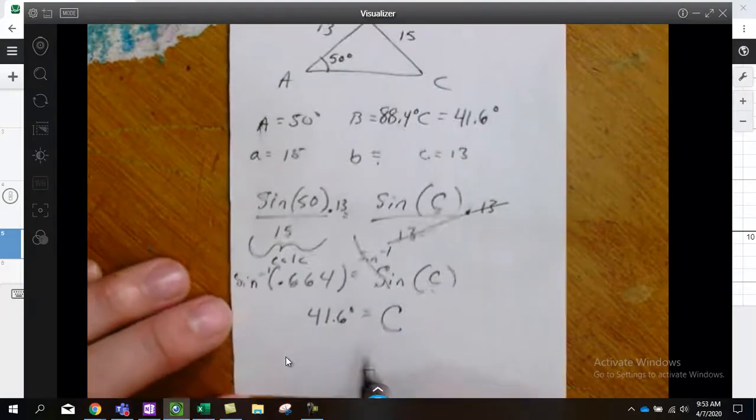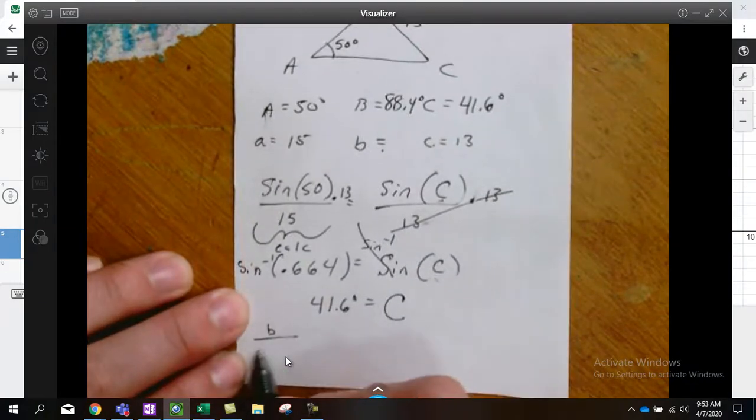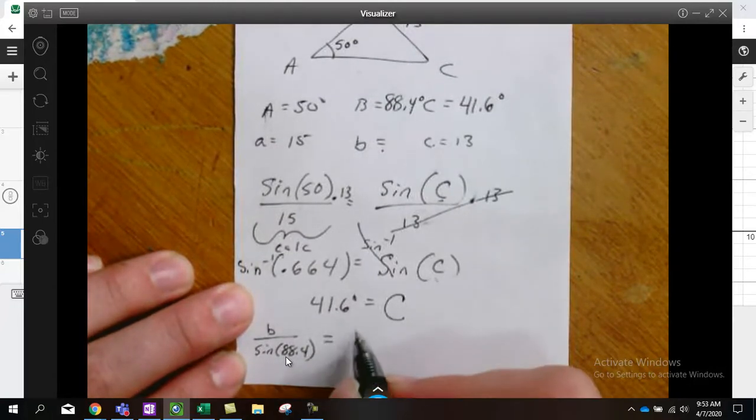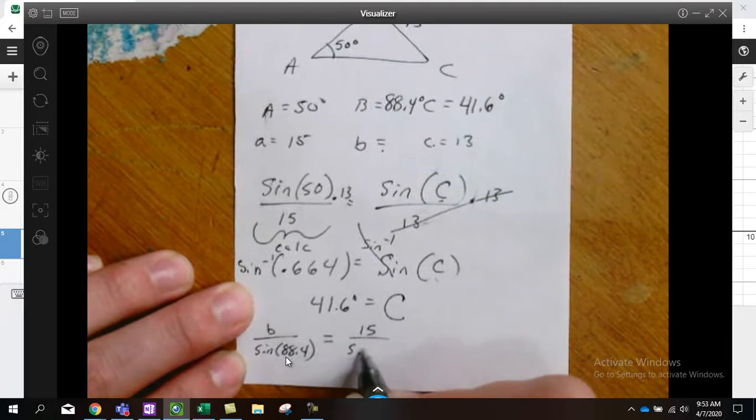I'm going to slide this up and say that little b over the sine of my 88.4 equals little a, 15, over the sine of 50.